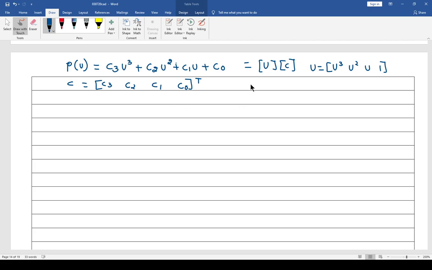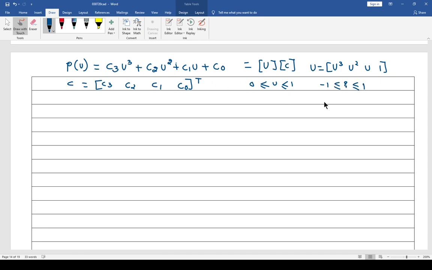Now we are very well aware that u varies between 0 to 1, where 0 represents my start point and 1 represents my end point. In case of FEA, I use a parameter called xi, which varies from -1 to 1. That's the only change.